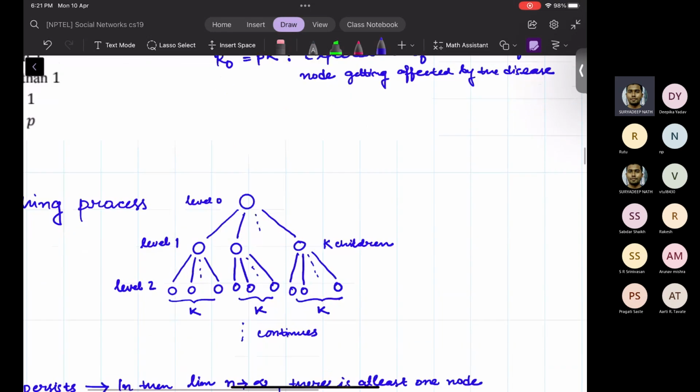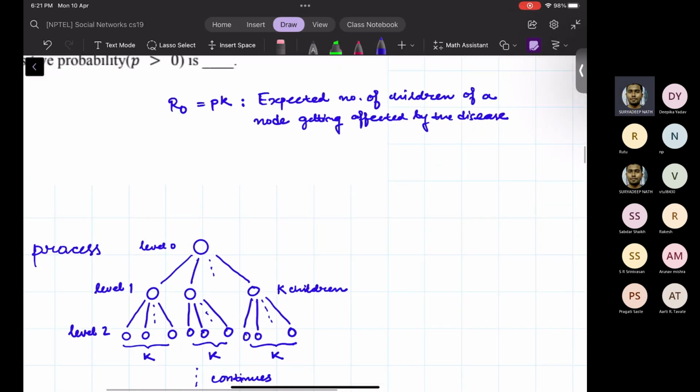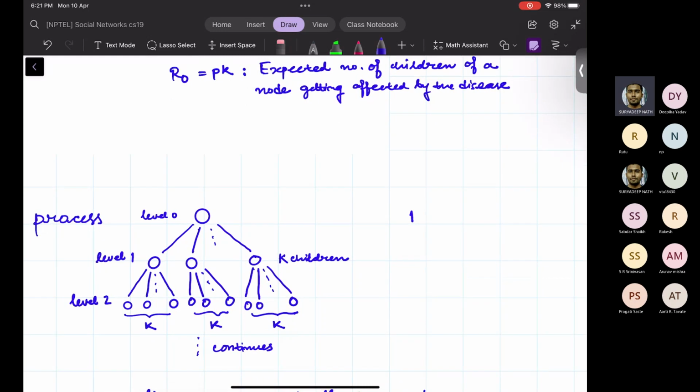In level 0, the number of people affected is 1. In level 1, the number of children of this 0th node that will be affected by the disease will be P into K. P is the probability of transmission of the disease from the parent to the child, and K is the number of nodes in level 1. So PK nodes on level 1 are expected to be infected by the disease.